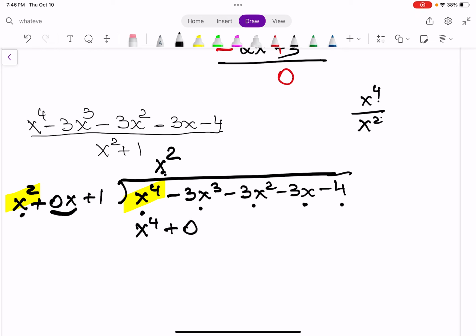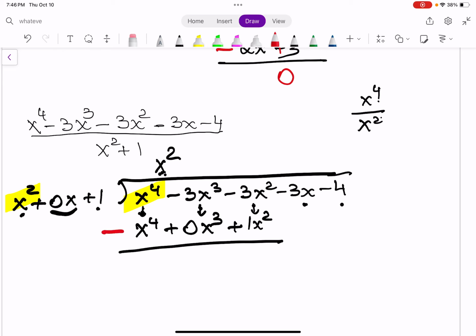I know it's a 0, but I'm going to write a 0x cubed. x squared times 1 is 1x squared. So the reason why I wrote the x cubed is, again, for you to see how these powers are nicely lined up and why I needed that. So I can account for every term and I can have nice like terms to put together.